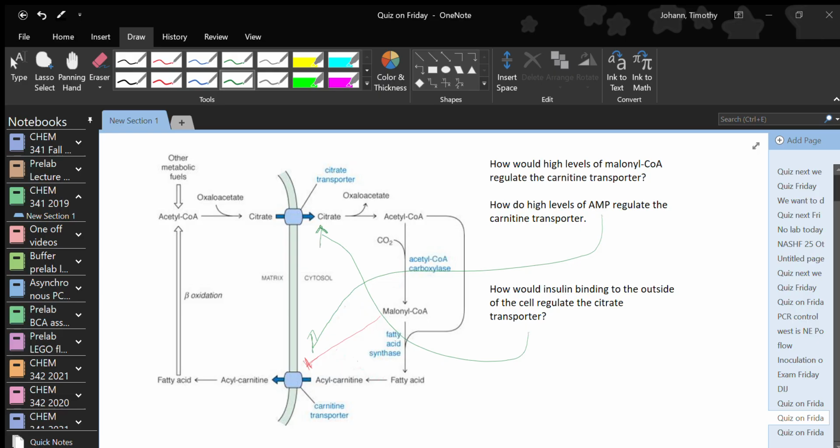You make pyruvate, it gets broken down to acetyl-CoA. If you've got enough ATP in the cell, that acetyl-CoA can then be made into citrate, shipped out, and help make fatty acids. Do you see our path from sugar to fatty acids to fats?